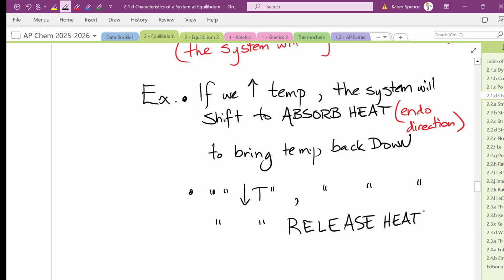In other words, the exo direction, dir with a little n is direction, to bring the temperature back up. Is that good?